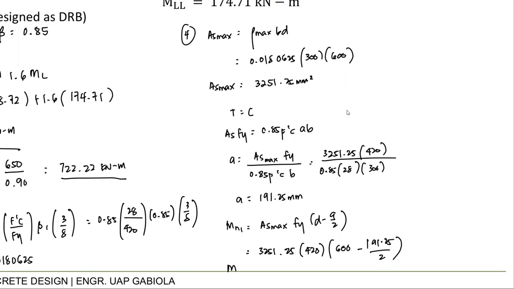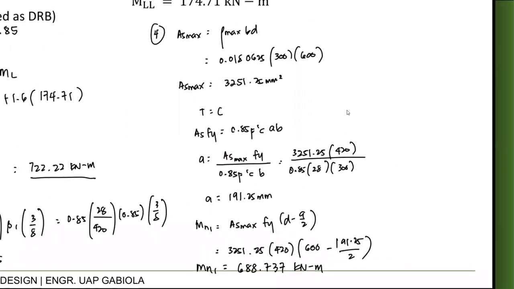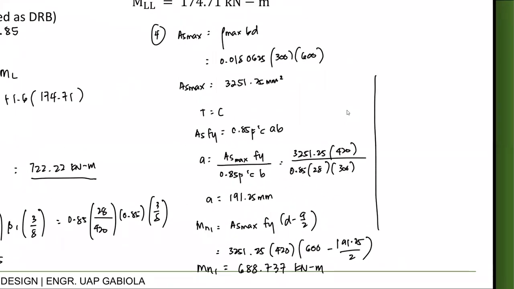So we have MN1 is equals to 3251.25 times 420 times 600 minus 191.25 over 2. Divide by 1 million, we have 688.737 kilonewton meter.